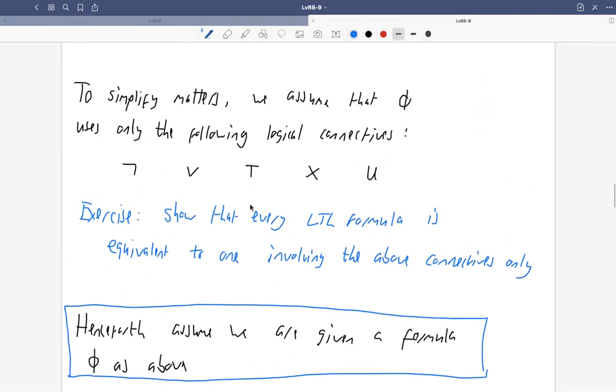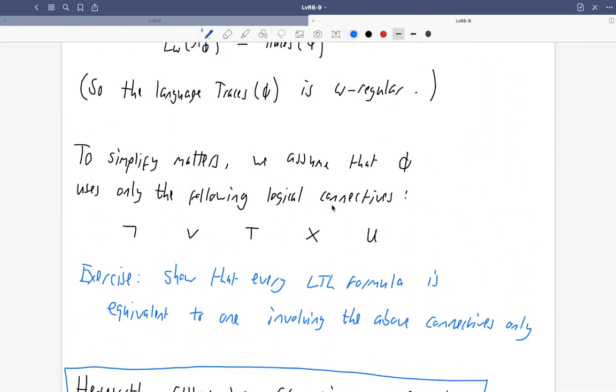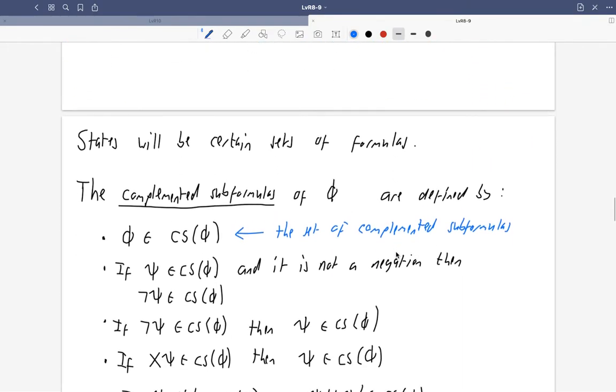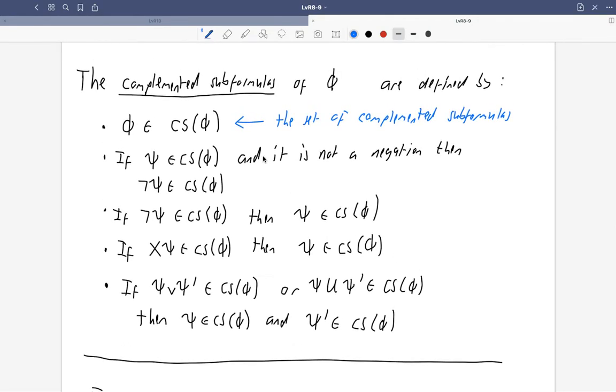We saw that we were defining complemented subformulas. We assumed that formulas contain only the following logical connectives, so negation, disjunction, true, next, and until. And then I defined the notion of the set of complemented subformulas of a formula. So you can remind yourselves what that definition says.